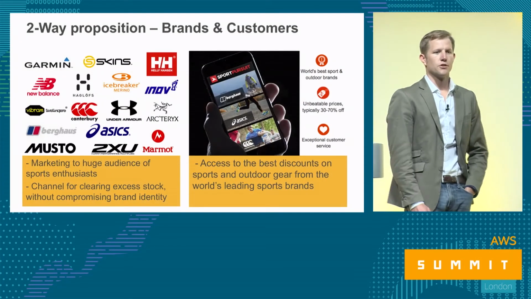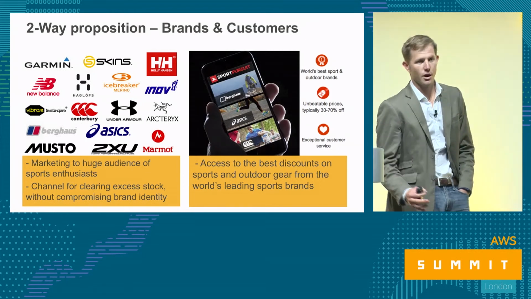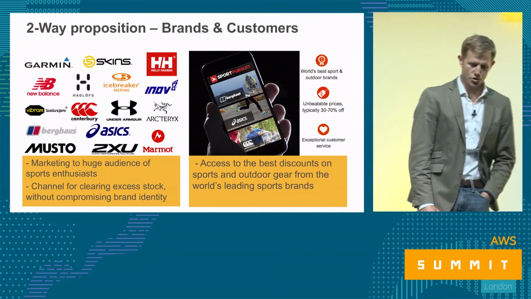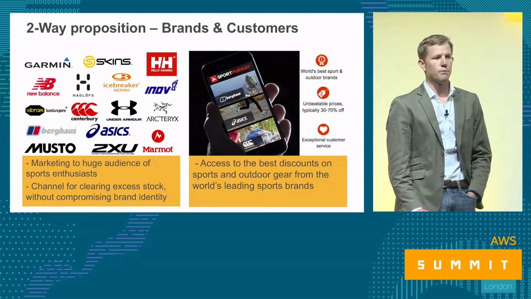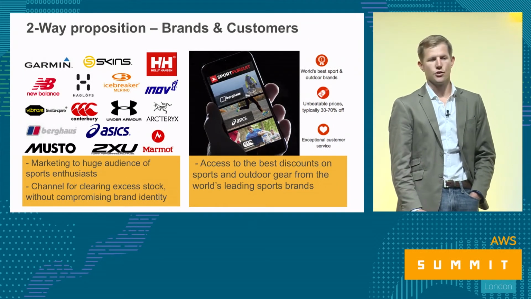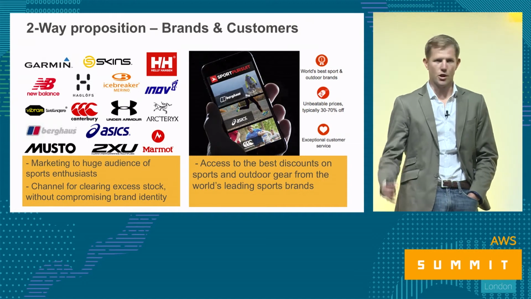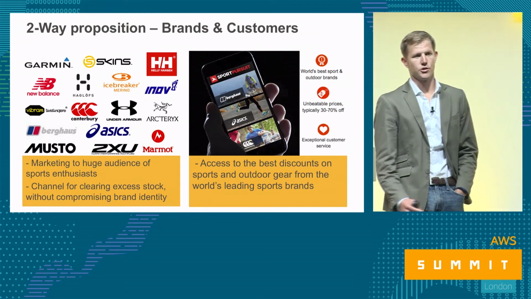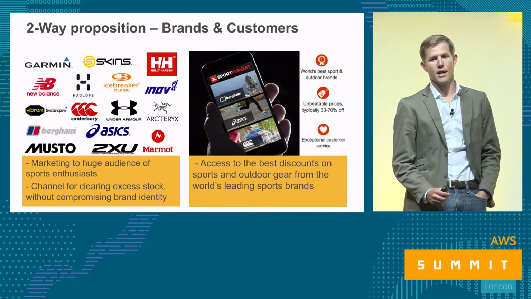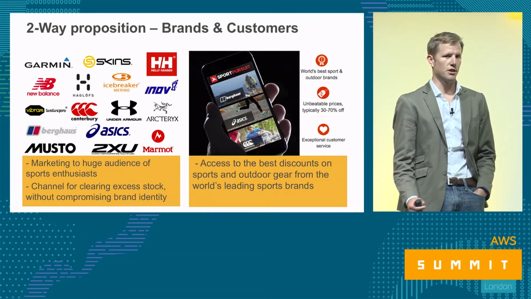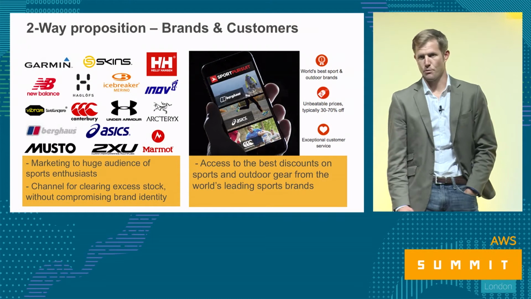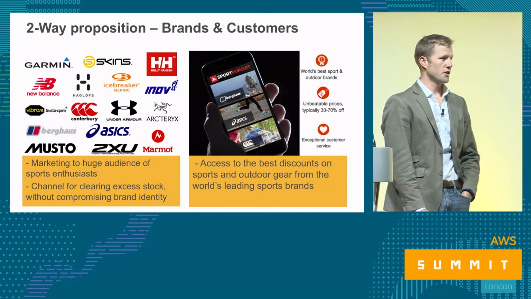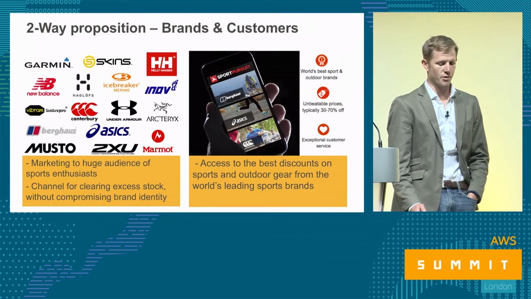Apart from offering great deals to customers, we also offer an interesting proposition to the brands. So listed there are some household brands, which I'm sure many of you would recognize, but we provide a really interesting marketing opportunity to those brands where they can market to quite a large user base of sports enthusiasts, but it's also a great channel for clearing excess stock without sacrificing brand identity, because the last thing brands want to do, particularly if you're a high-end sports brand, is to have last season's stock splashed all over eBay at half price.